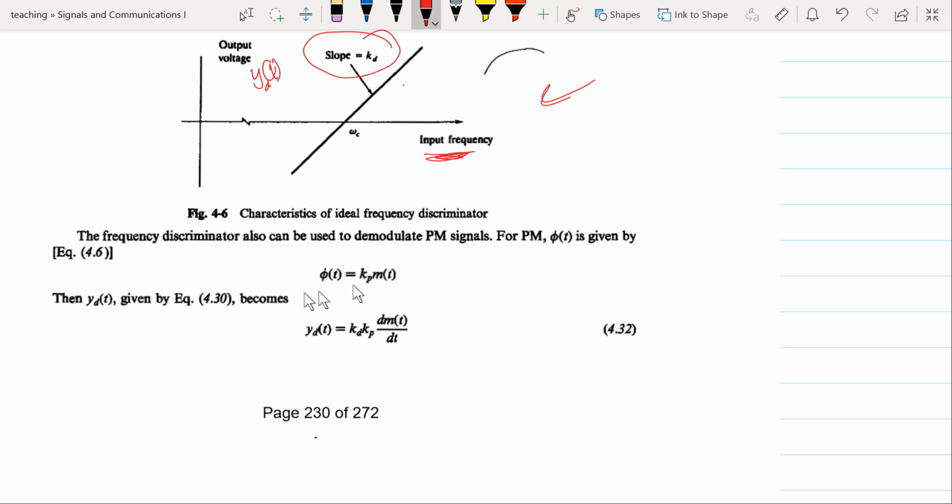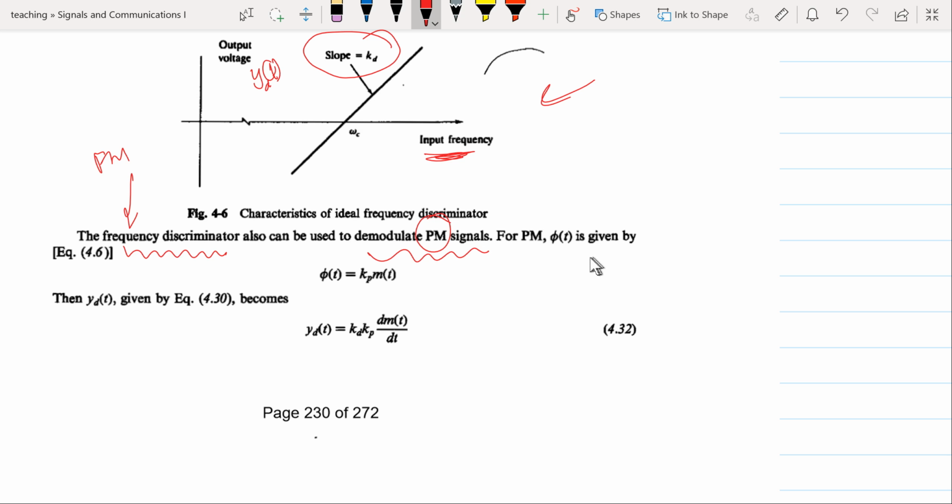We can also observe that the frequency discriminator can be used to demodulate PM signals. Ideally it should work for FM, but by understanding the relationship between FM and PM, we can demodulate PM signals using the frequency discriminator. How do we do that?